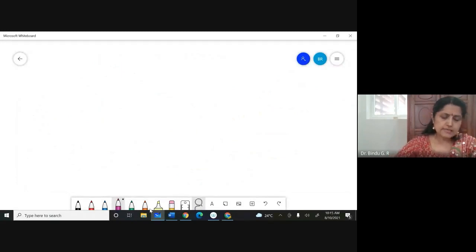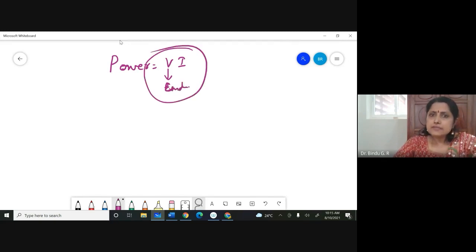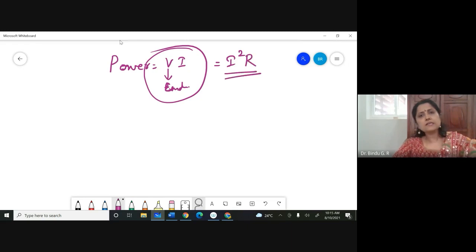Another thing is that whenever you have an induced EMF, power is equal to voltage into current, or the induced EMF into current. This is also equal to I squared R, as you very well know. I squared R is the power, and the energy will be I squared RT.